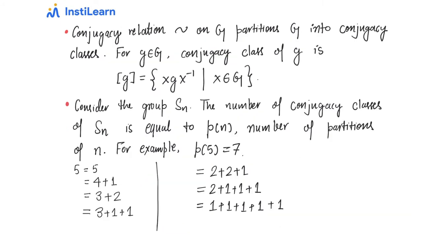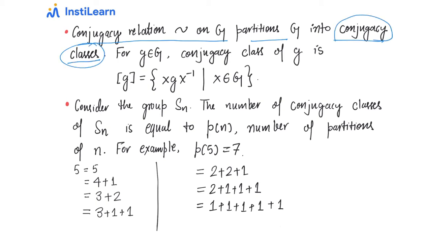It's a general property of equivalence relations that whenever there is an equivalence relation on a set X, it partitions the set X into disjoint classes. So the conjugacy relation on the group G will also partition G into classes, and we call these classes conjugacy classes.